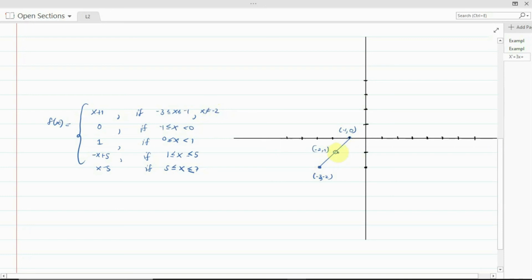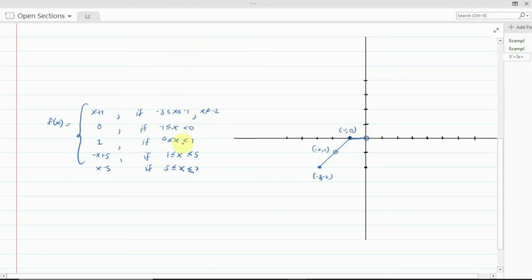So, a line with a hole in the middle. Alright. Next. If x is between negative 1 and 0, it's the line y equals 0. So, between negative 1, including negative 1, excluding 0, it's just this. Just a horizontal line.